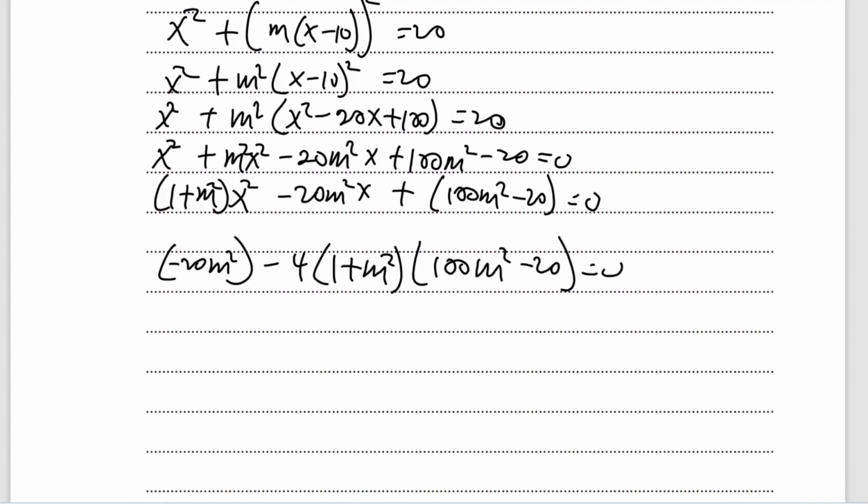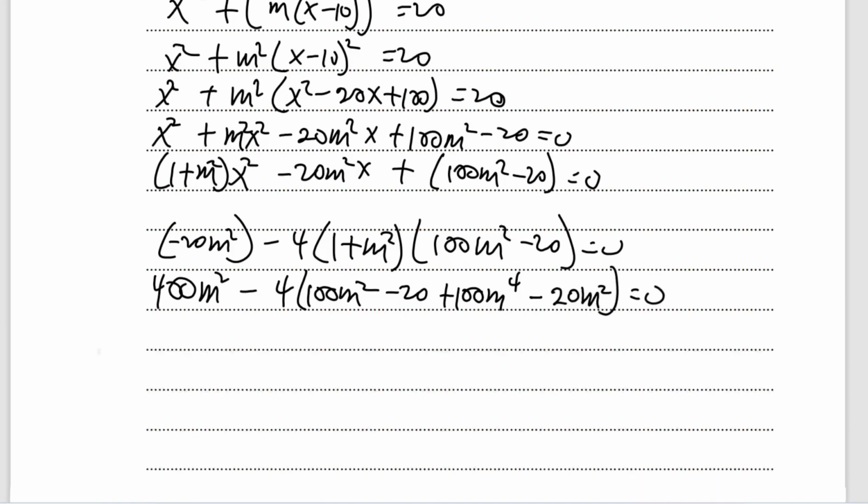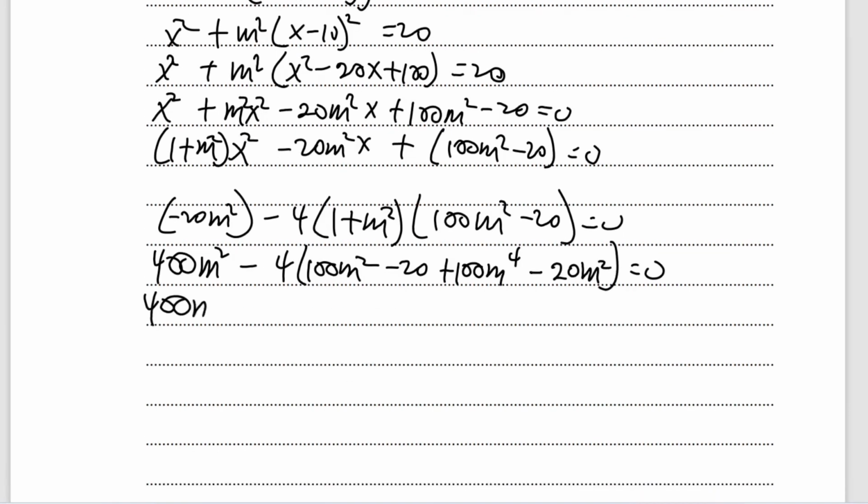Okay. And now we're going to have 400m squared minus 4 into bracket. Let me expand those two brackets so I can have 100m squared minus 20, and then 100m to the fourth power minus 20m squared. We can simplify what's in that bracket so that we get 100m to the fourth power plus 80m squared minus 20 equals 0.